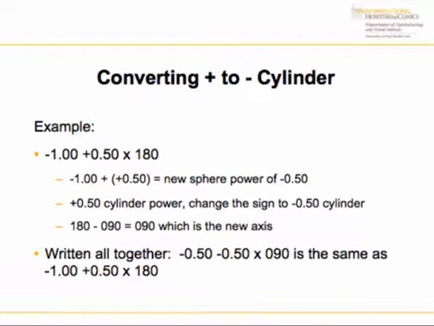Finally, change the cylinder axis by 90 degrees. In this case, 180 degrees minus 90 degrees equals 90 degrees, which is the new axis. Written all together, -0.50 minus 0.50, axis 090, is the same as -1.00 plus 0.50, axis 180.